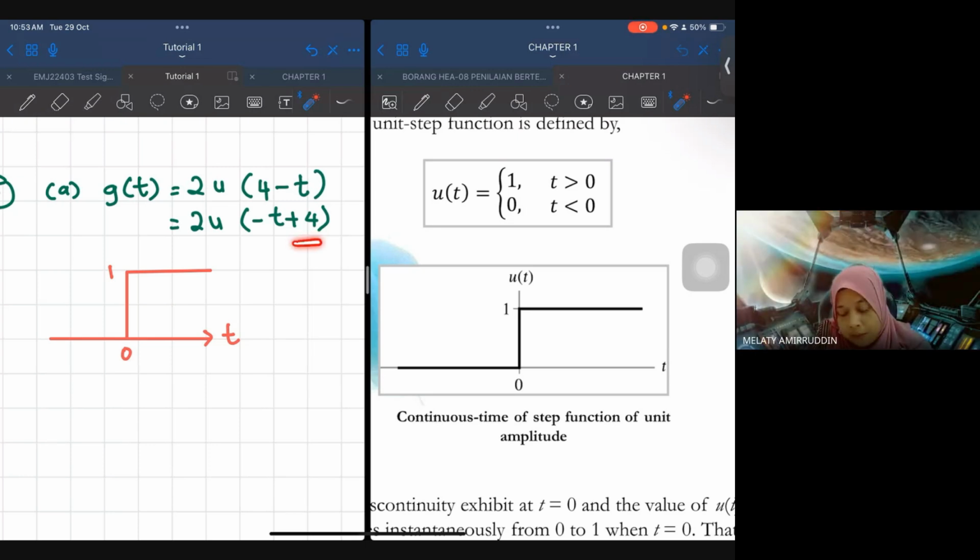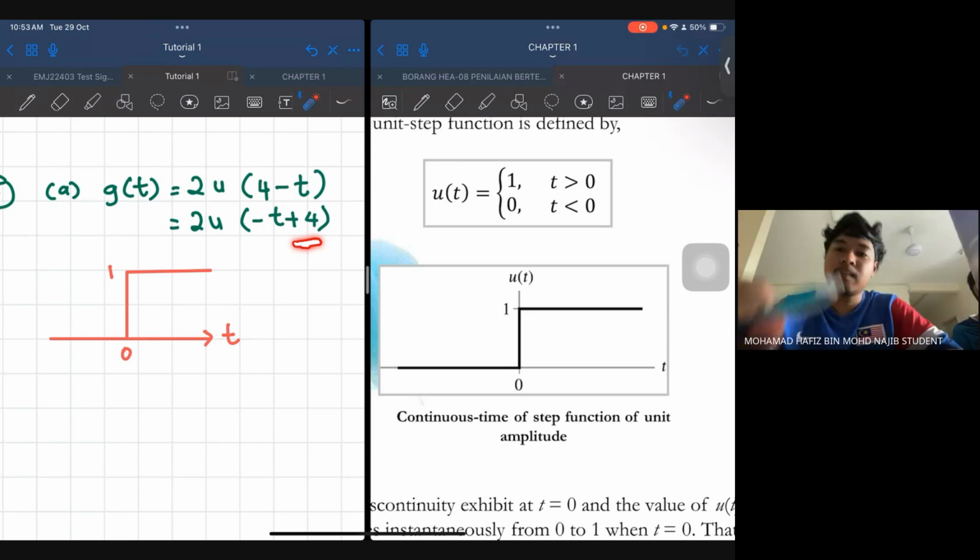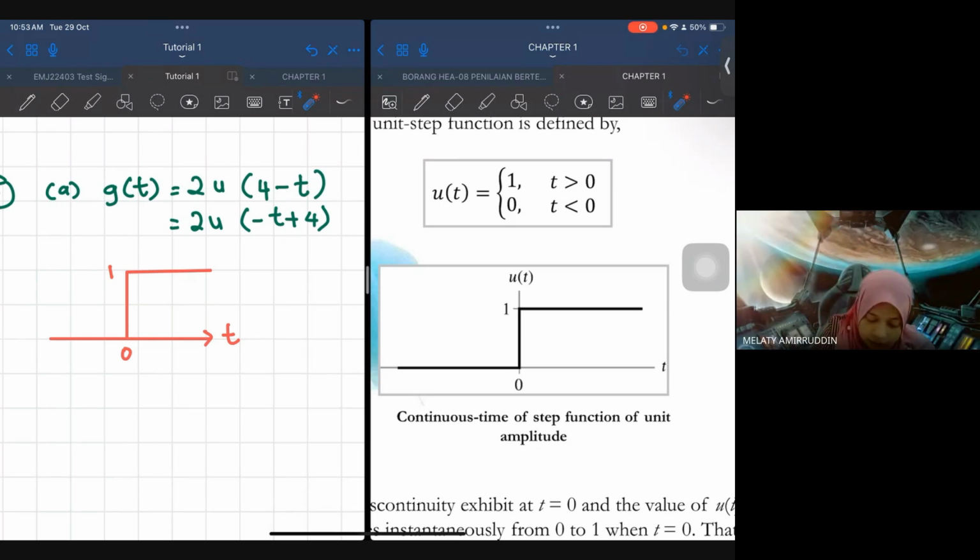By how many units? 4 units. So from 0, you need to go back to -4. 4 units meaning -4. Shift to the left.